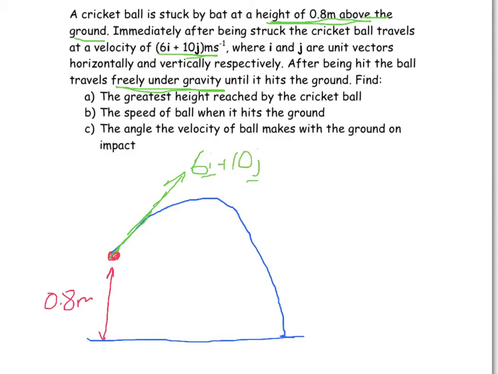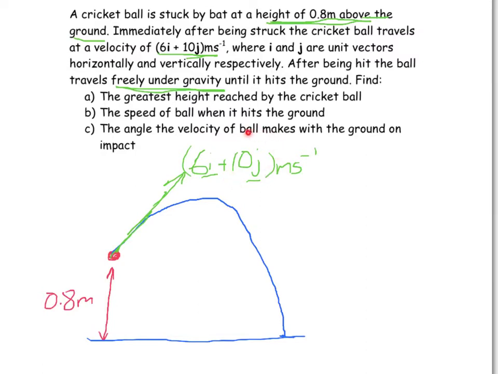Now, when we've looked at other projectile problems, we've had the angle of projection and the initial speed, and what we've then done is we've found the component of the speed that is acting upwards and the component of the speed that is acting horizontally. Well, as we are now given a vector velocity, we can actually decipher from here which part is the vertical component of the velocity and which part is the horizontal component.